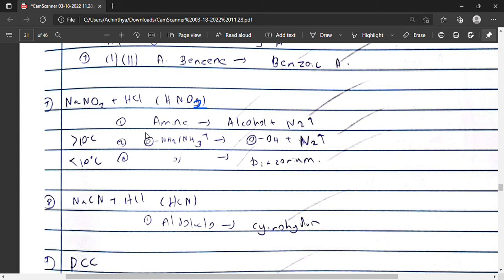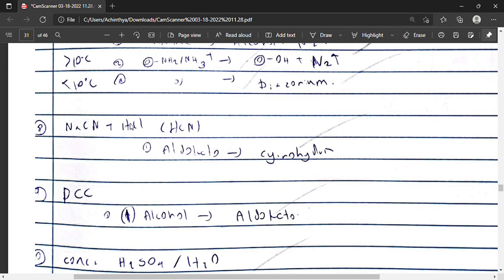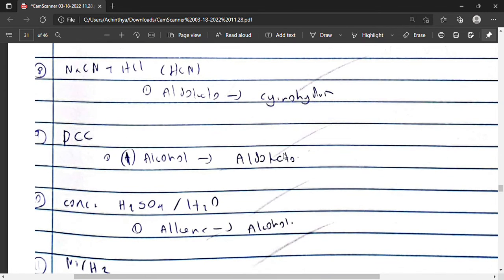If we have aniline or aniline salts above 10 degrees Celsius, it will convert into phenol while evolving nitrogen, while under 10 Celsius it will form the diazonium salt. If we add NaCN and HCl, virtually HCN, to aldehydes or ketones, we will obtain the cyanohydrin.